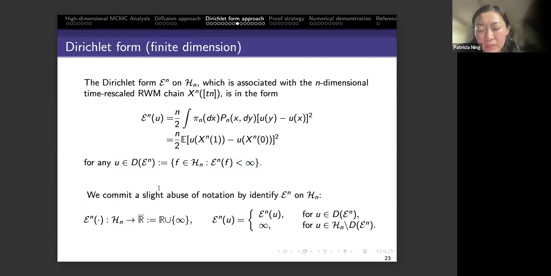Next, we also need the generalization to the infinite space, to the H_n space. So we commit a slight abuse of notation by identifying this E_n on this H_n. Simply, if u is in this domain, we set it as E_n(u). Otherwise, if it's not in this D(E_n), we set it just as infinite. That's a generalization to H_n.